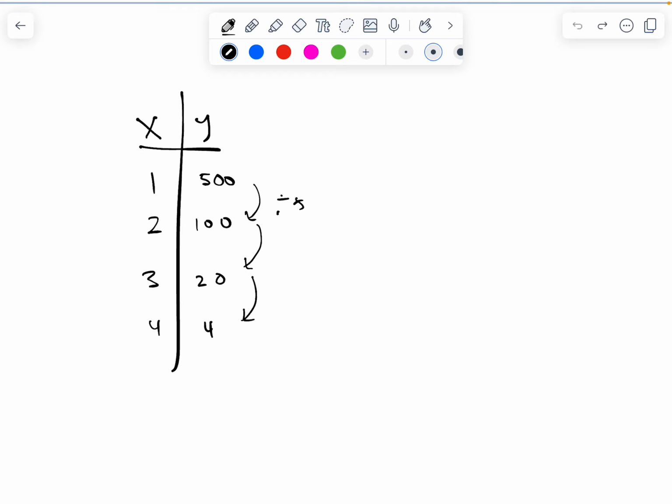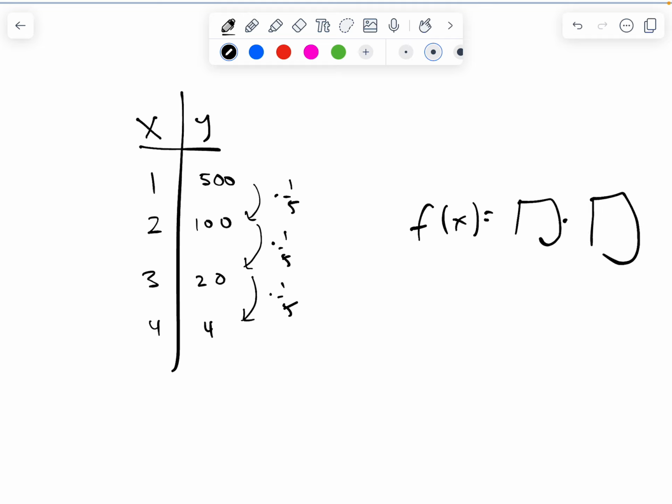But dividing by 5 is the same thing as timesing by a 5th. So when we write our equation, our common ratio is 1/5, and our 0th term is going to be 2,500. Okay, that is how you write exponential equations.